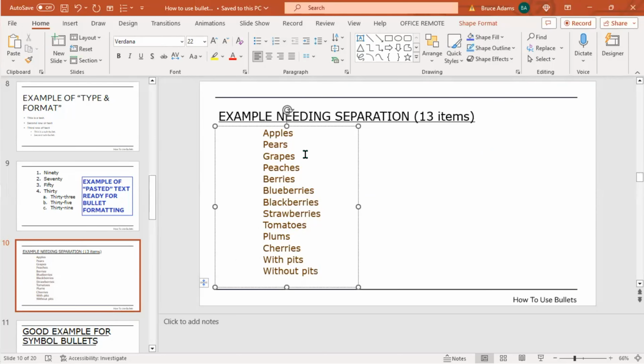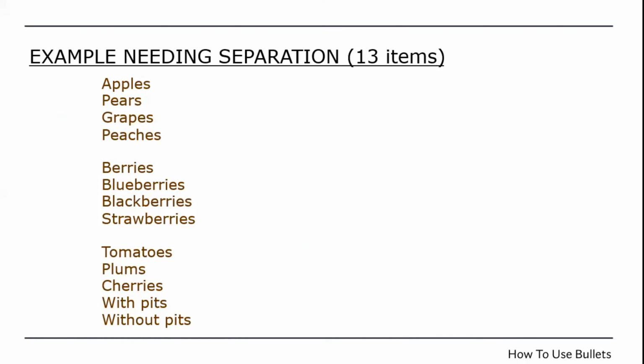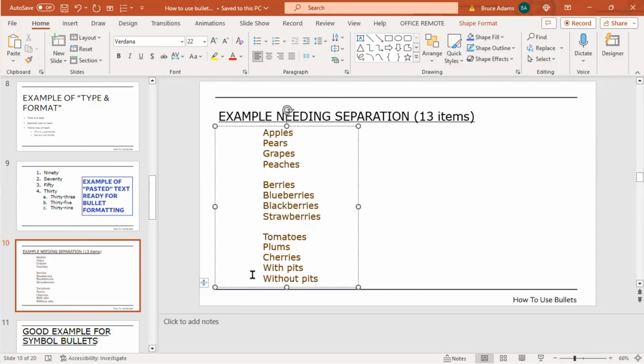Since we have 13, I would go every 4. I would just enter a line here, enter a line there, and then you got 5 here. It makes it a little easier to see because you got a group of 4, and a group of 5. But note that PowerPoint changes the font size, so be aware of that.